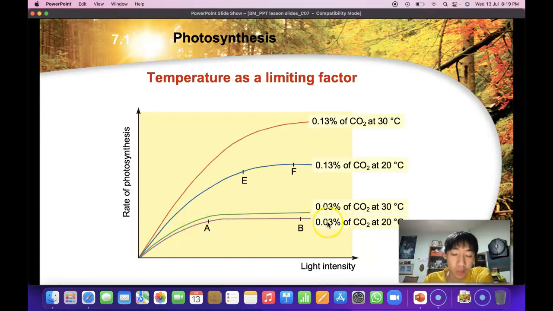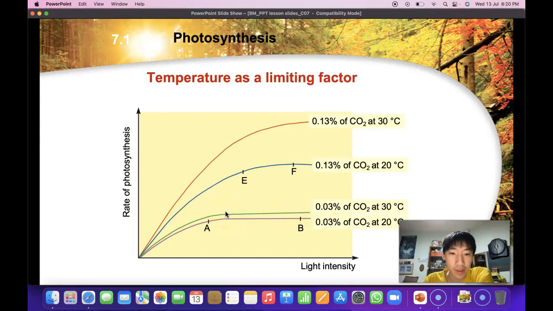What are the factors here? 0.03% of CO2 at 20 degrees Celsius. Then let's compare this purple one to the green one. We see that for the green one, it goes slightly higher, and this is 0.03% of carbon dioxide at 30 degrees Celsius.